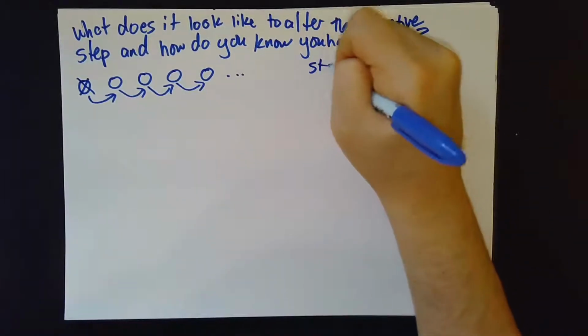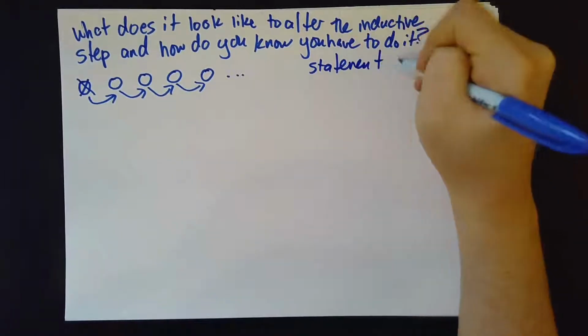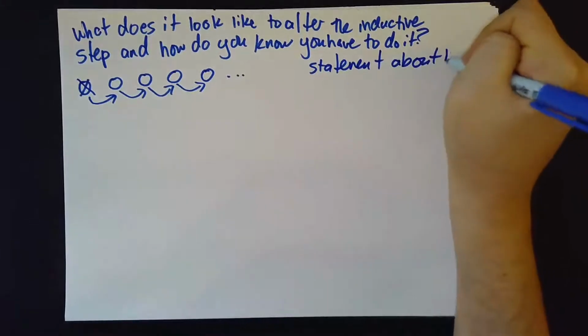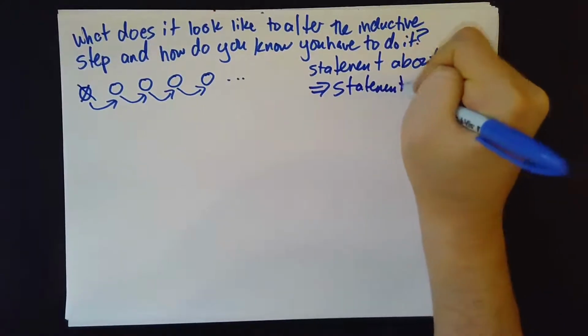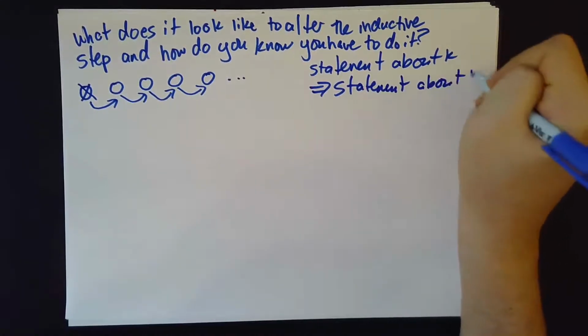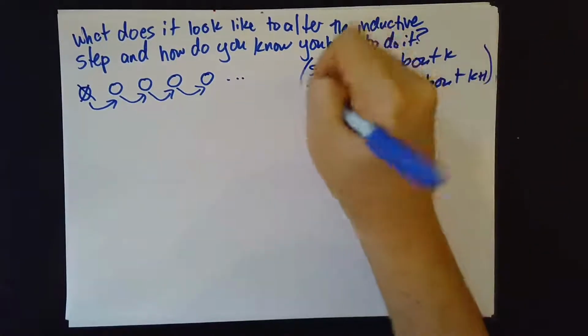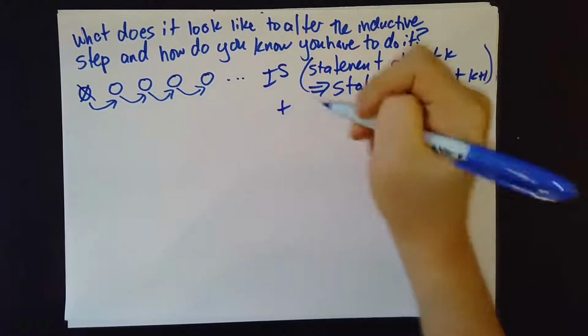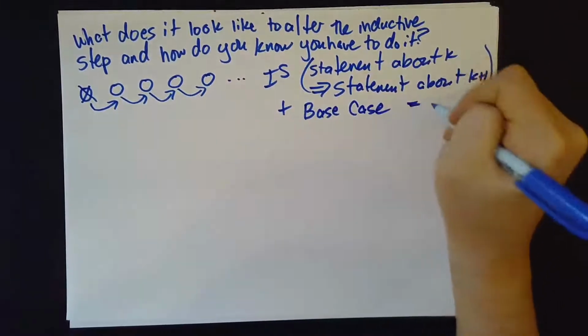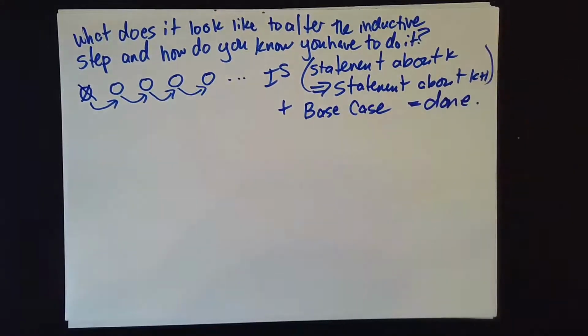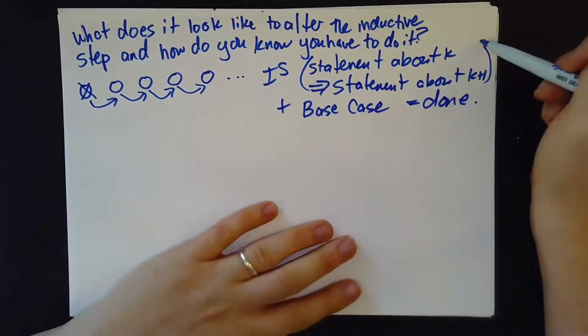So a statement about k implies the same statement about k plus 1. That's the inductive step, plus the base case. That's the usual formula for induction.